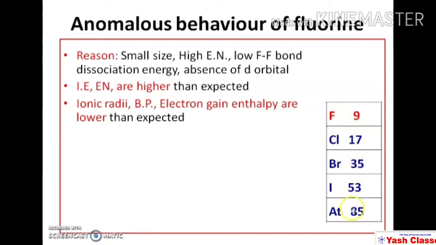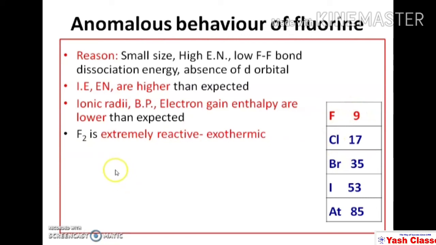For example, regularly ionization enthalpy decreases, but unexpectedly ionization enthalpy of fluorine is higher. So this is anomalous behavior. Similarly, from top to bottom, ionic radii increases, but ionic radii of fluorine is very low than expected as per the trend.